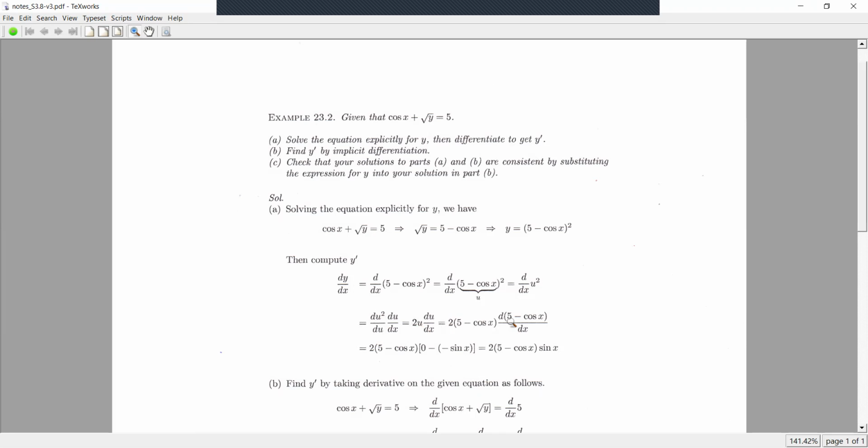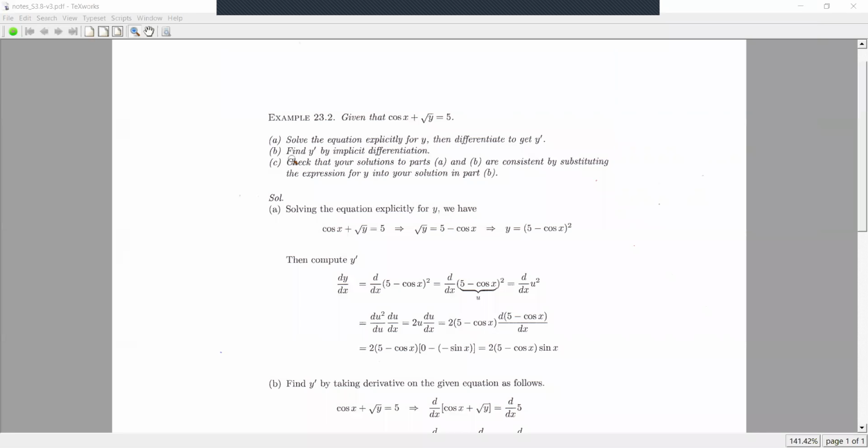Now take the derivative of 5 minus cosine. Derivative of 5 is 0. Derivative of cosine is negative sine. Simplify this expression, then this is the result of the derivative of function y.